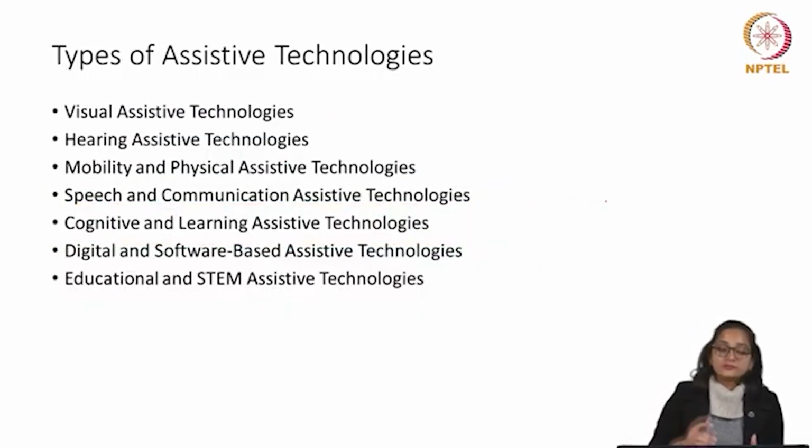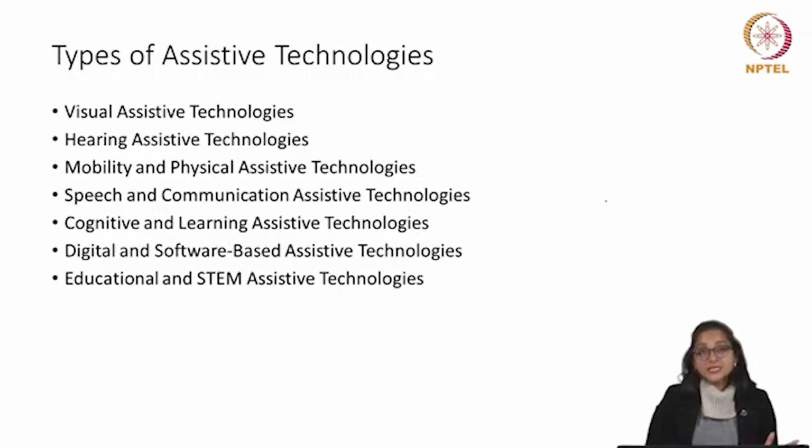So there can be visual assisted devices, hearing assisted devices, mobility, physical assisted devices, speech communication related assisted devices, cognitive and learning assisted technologies, digital software based assisted technologies, education, STEM based assistive technologies.